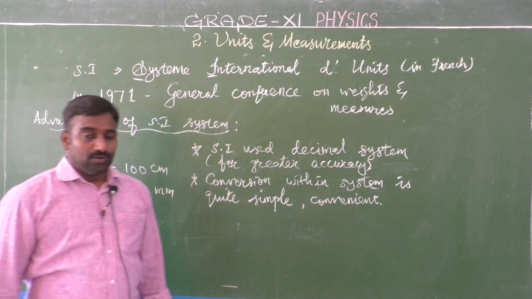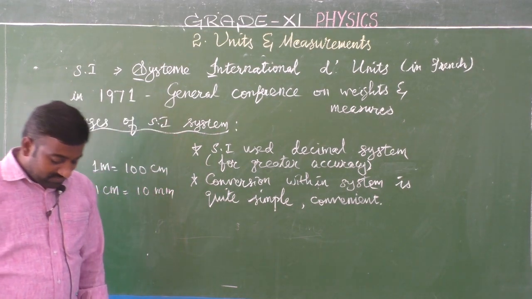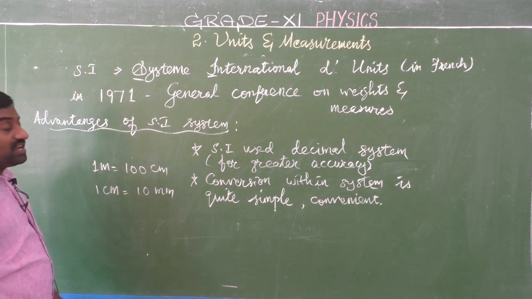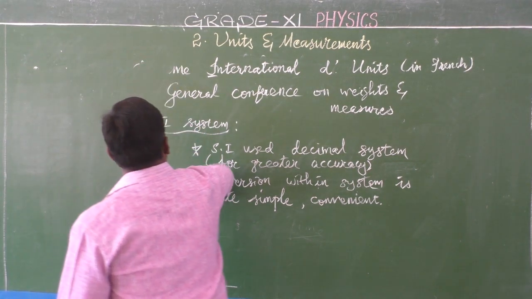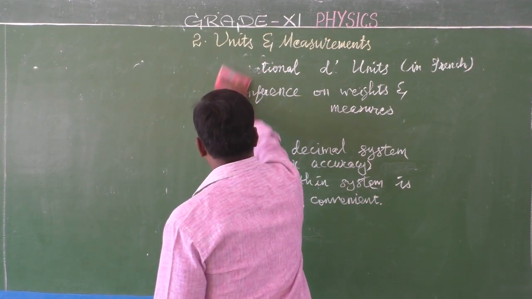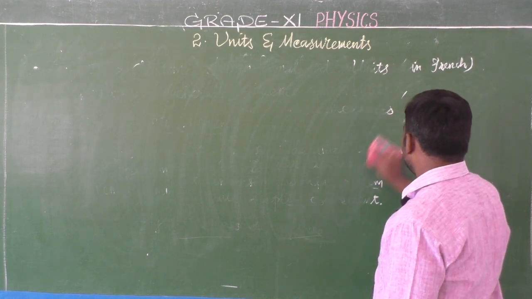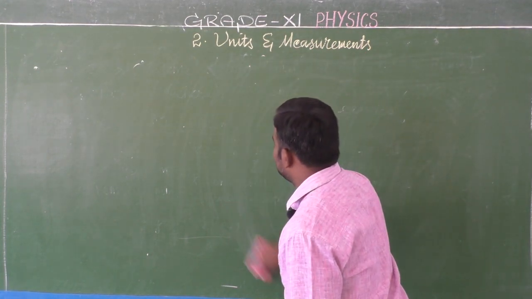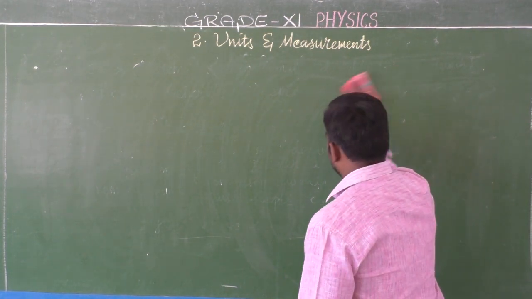Now in the SI system, we have some fundamental quantities as well as derived quantities. So what fundamental and derived quantities are there? That is what we are going to check now. Actually, the SI system was introduced in 1971 at the General Conference on Weights and Measures. From that conference they introduced the SI system.